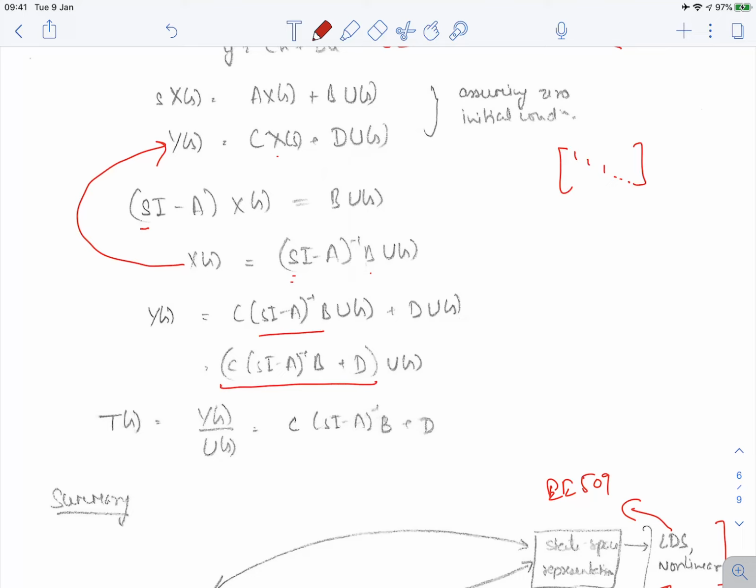So if I express this as output over input, I will obtain this transfer function.